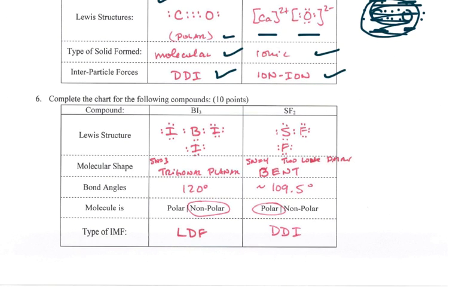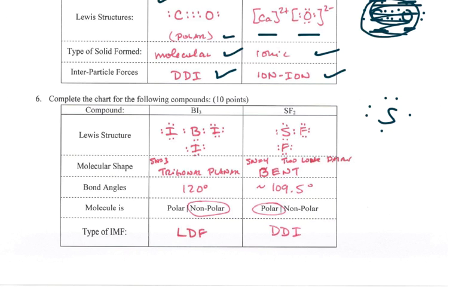Okay, for 6, we have some different compounds here. So here's BI3. B is one of those chemicals that does not follow the octet rule, so it only has 6 electrons around it. And SF2, S can usually form 2 bonds. It can also do other stuff, but right now it's going to form 2 bonds, so kind of like a water molecule.